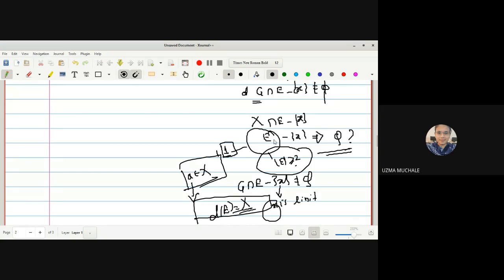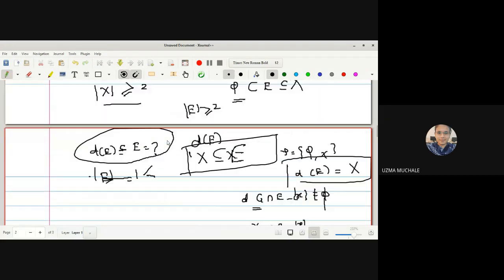For this arbitrary point, we have proved this condition to be non-empty, which implies that X is a limit point of E, and X is arbitrary, and hence the derived set of E is the whole set capital X. So we can now say that for the indiscrete T space, E is not a closed set.